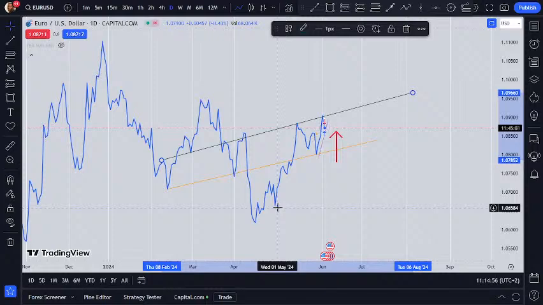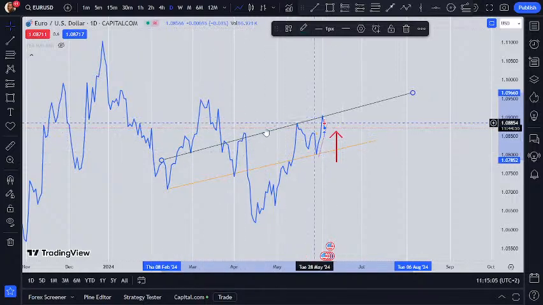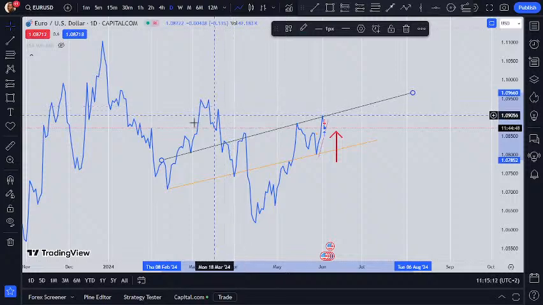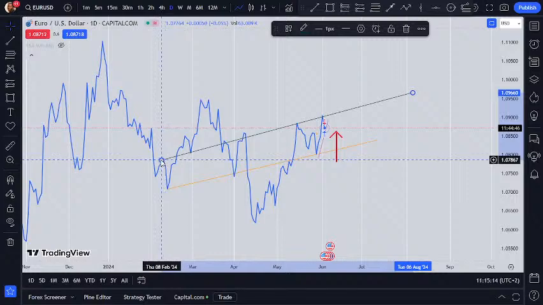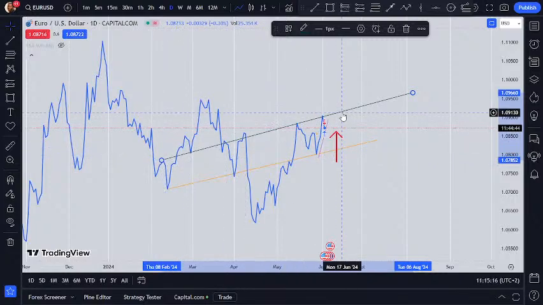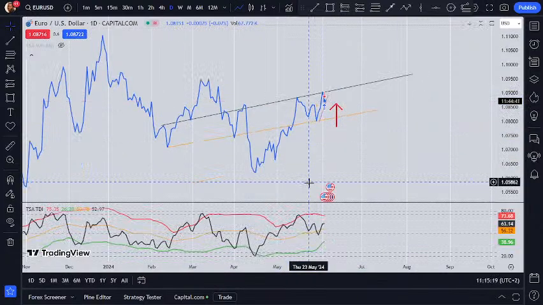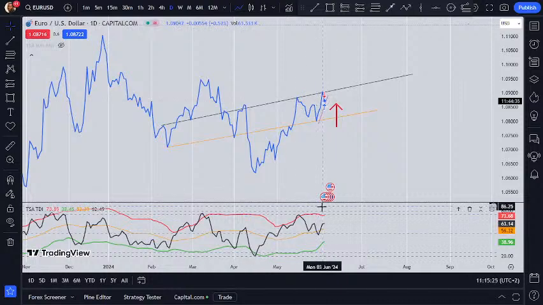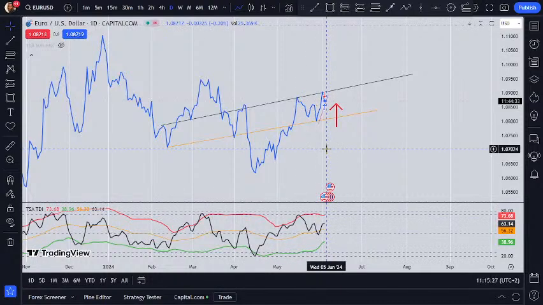Once I noticed that, the goal wasn't to trade that morning. I was just trying to keep an eye on this line, and that's how I ended up spotting a trade. So that's one confluence: it's on the trend line, and there was a shark fin on the 2-hour time frame.